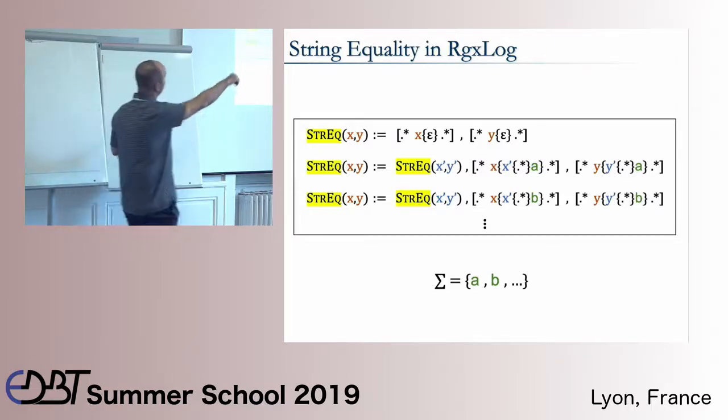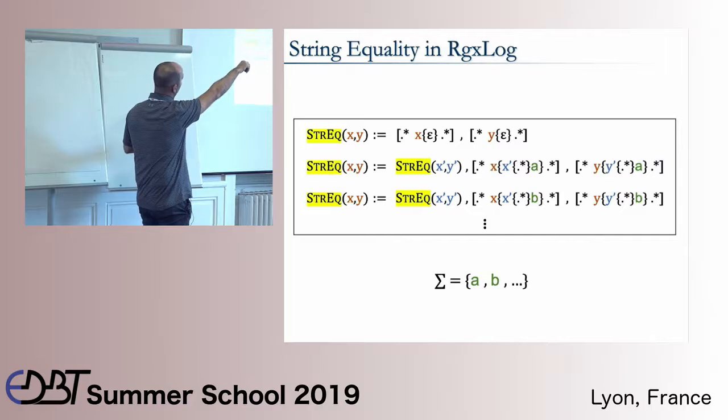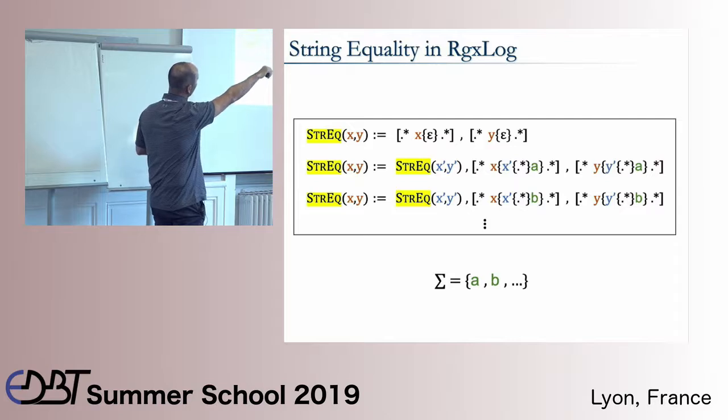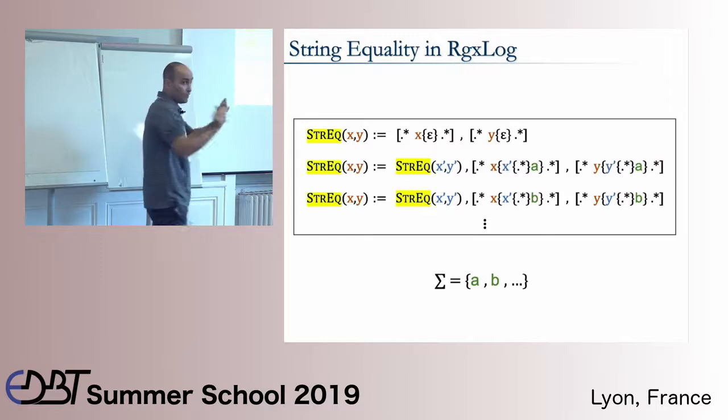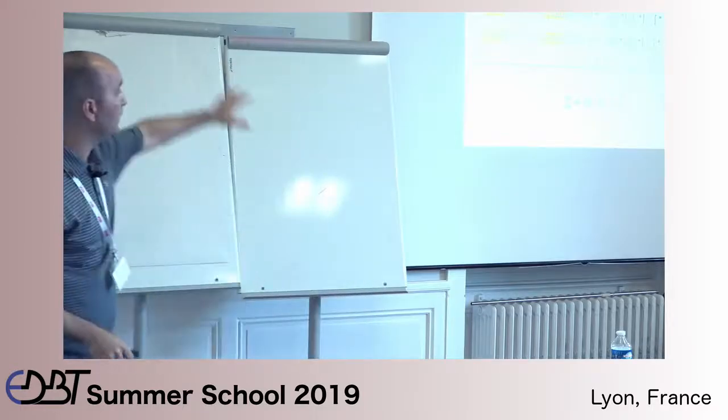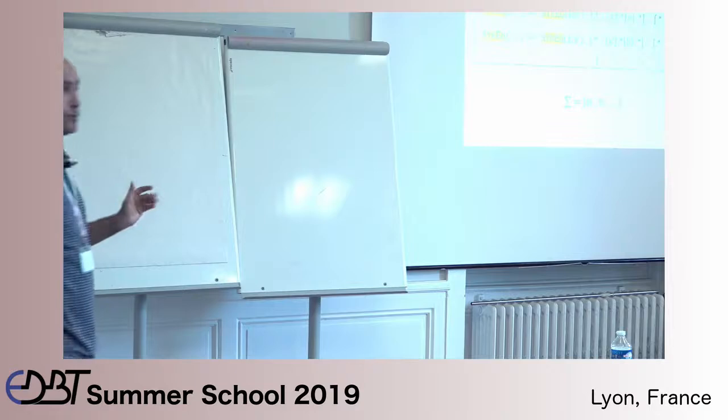The spans of x and y are spanning the same string if either both of them span the empty string, or there are x prime and y prime such that x is the concatenation of x prime with a, and y is the concatenation of y prime with a, the same symbol, and x prime has the same string as y prime. And you do that for every symbol, and that's it. That's your program for string equality.